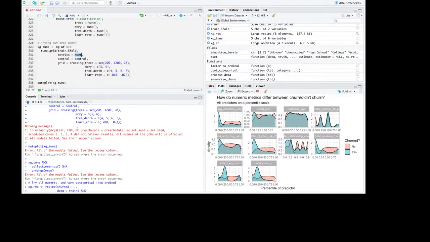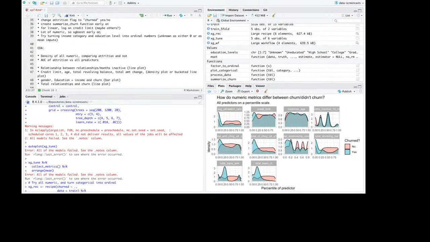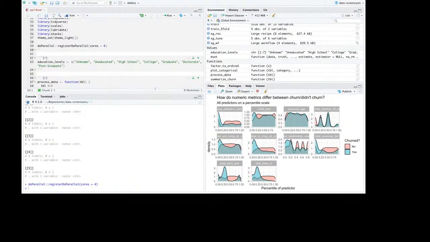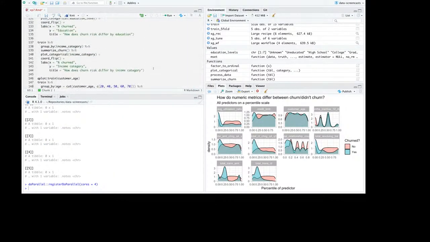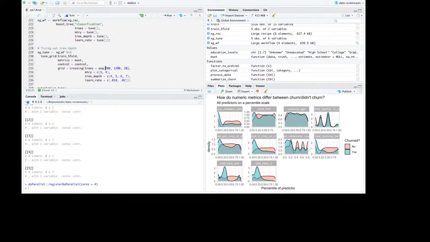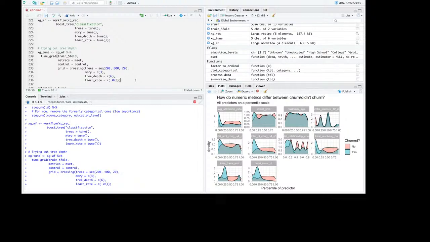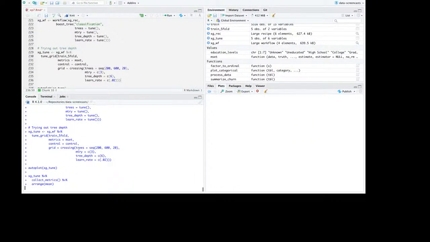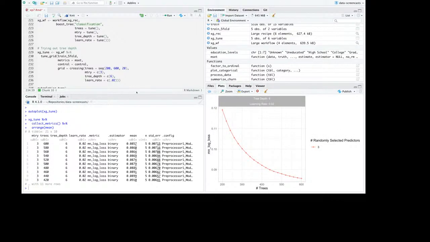Oh, cores did not deliver results. Signs up with my parallel processing. Let me try this with a smaller number. All right, that works.